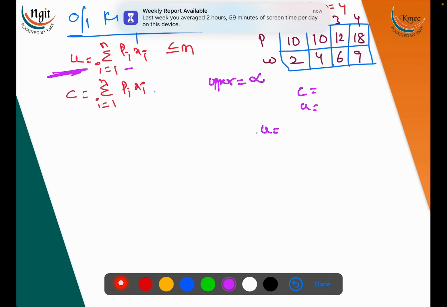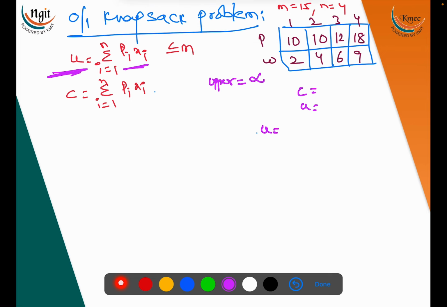The u value is the profit and object. So profits are 10 plus 10 plus 12 plus 18, which becomes 20, 32, 50 is the weight, right?